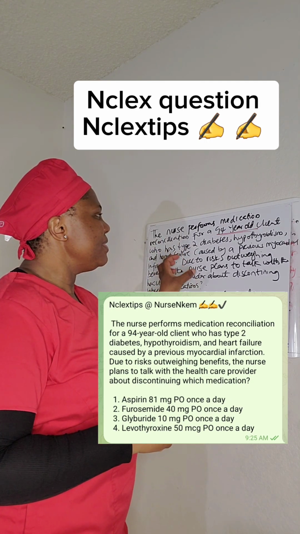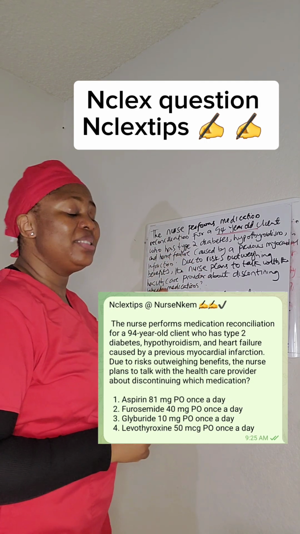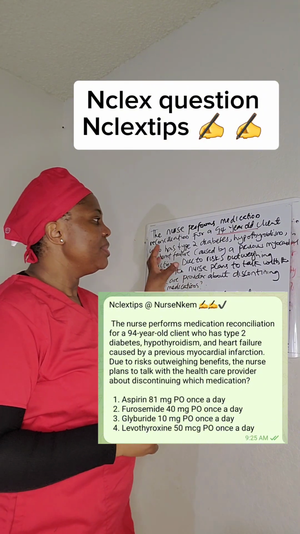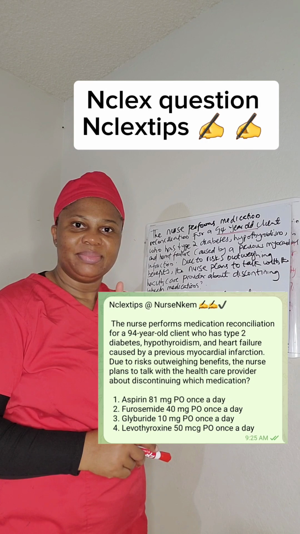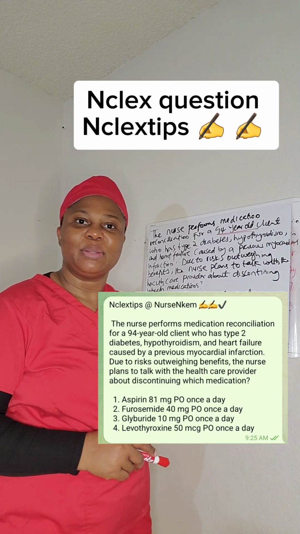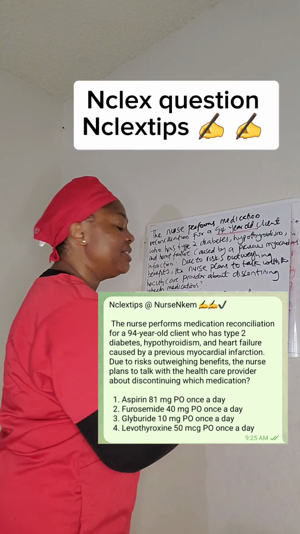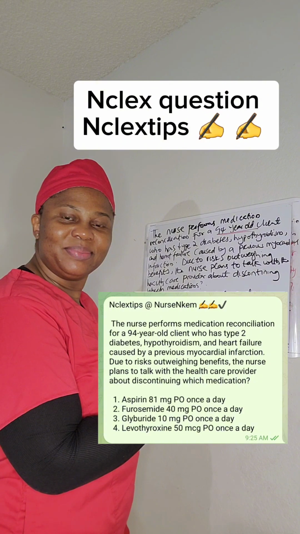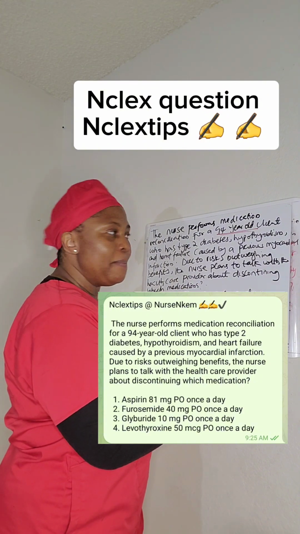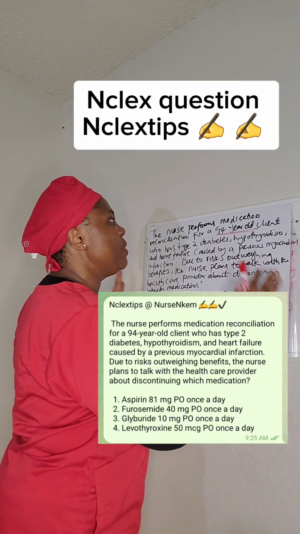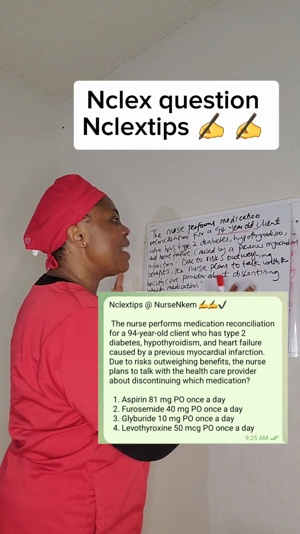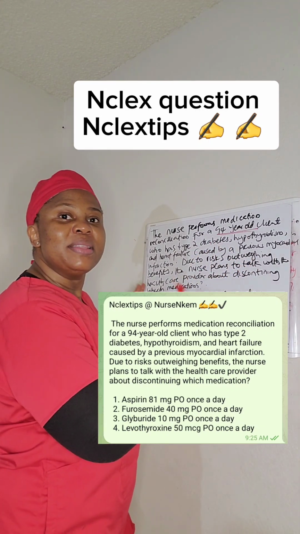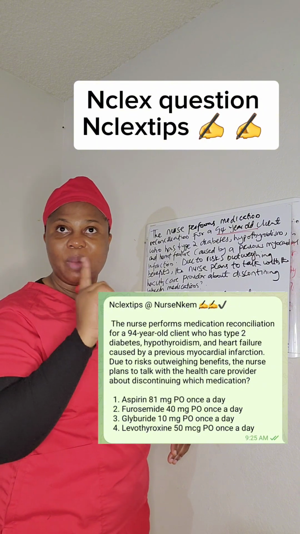So, due to the risk outweighing benefits, the nurse needs to discontinue one of the medications. Which medication is that? All of these medications are very important for this patient. But because of the age of this patient, because of the risk outweighing benefit, they need to stop just one medication.